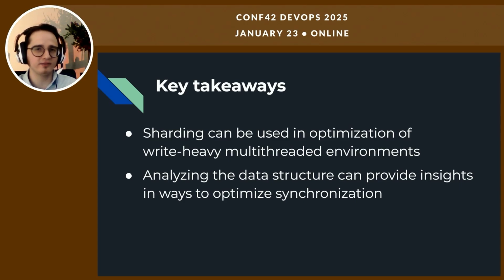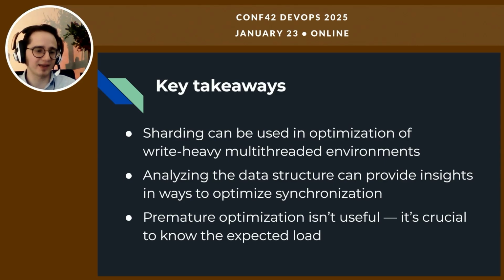So be creative and maybe try other ways to approach synchronization. And at last, beware of premature optimization. I know that maybe it sounds contradictory to the previous point, but actually they work even better together. It's crucial to understand the application requirements and expected load.